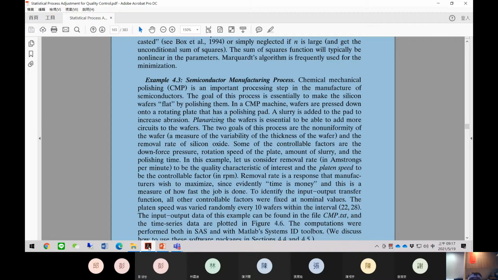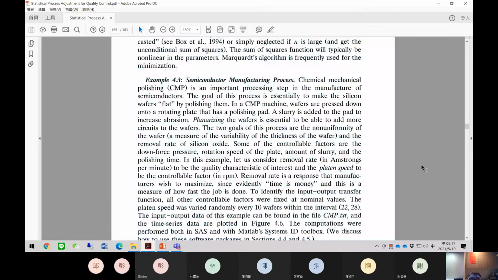Okay, then some of the controllable factors are the downforce pressure, rotating speed of the platen, amount of slurry, that really sticky liquid, and the polishing time.